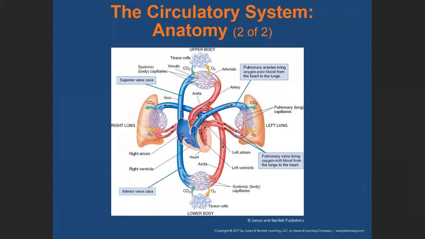Now, the aorta is the largest artery within the body. Arterioles are the smallest arteries within the body, right? So aorta is the largest.